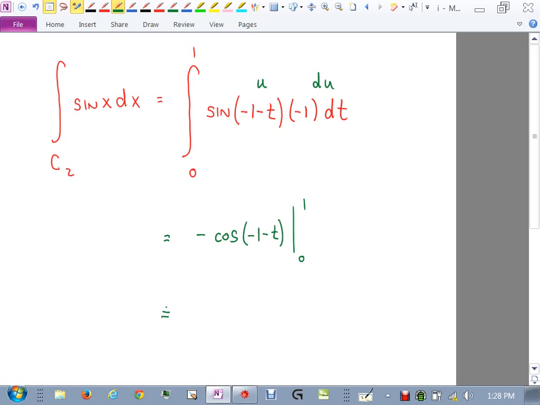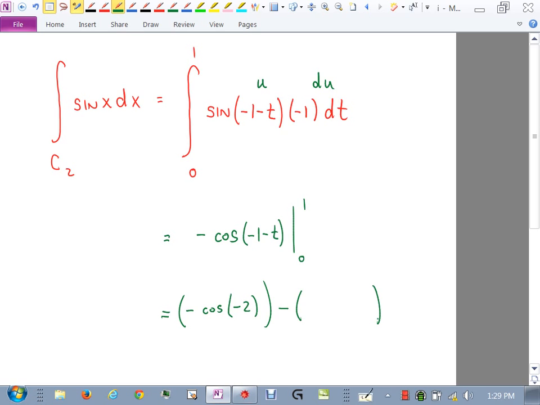Yeah, you'll wind up getting two negatives, right? The derivative of cosine of something is negative sine. So plug in 1, what do we get? Negative cosine of negative 2, and then we subtract what we get when we plug in 0.